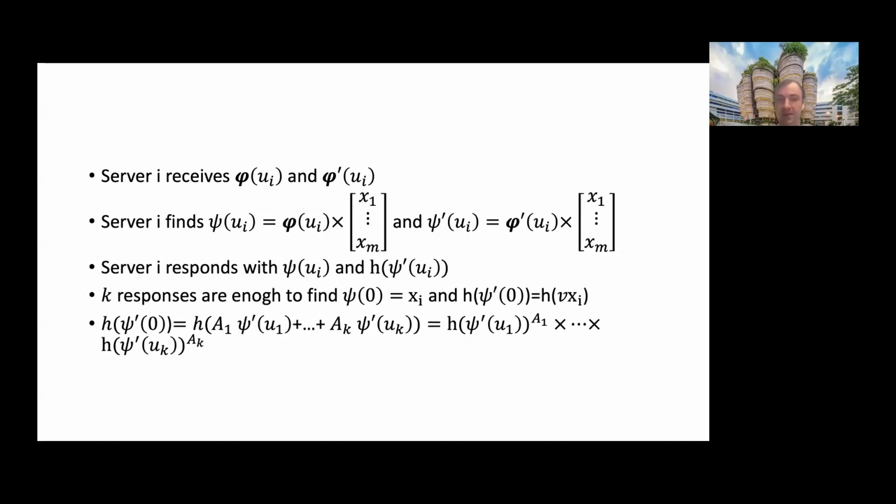Here I present the formal derivation. The hash of C prime at point 0 is equal to the hash of A1 times C prime at point U1 plus ... plus AK times C prime at point UK, which is equal to the hash of C prime at point U1, which we get from the server 1, to the power A1, times ... times the hash of C prime at point UK, which we get from server K, to the power AK, where A1 till AK are known to everyone, because they are Lagrange interpolation coefficients.